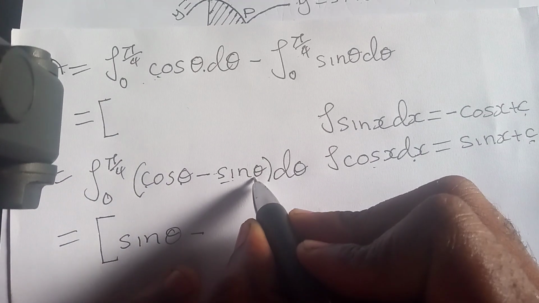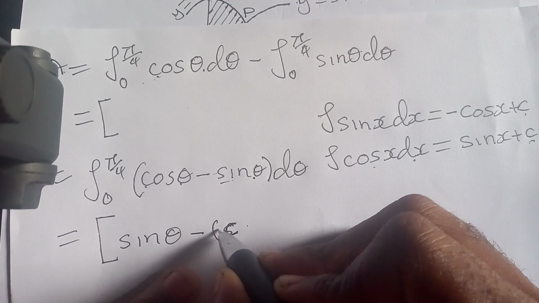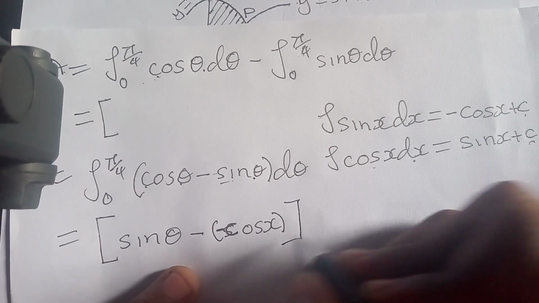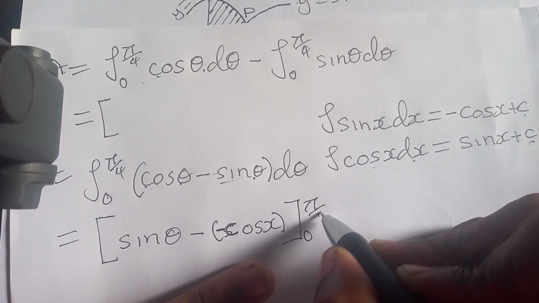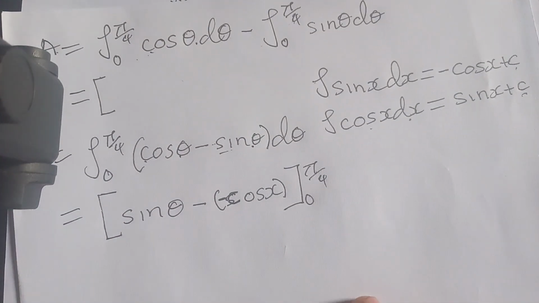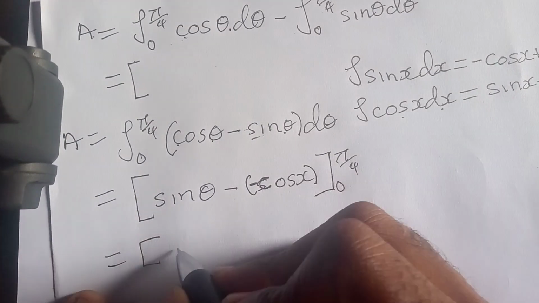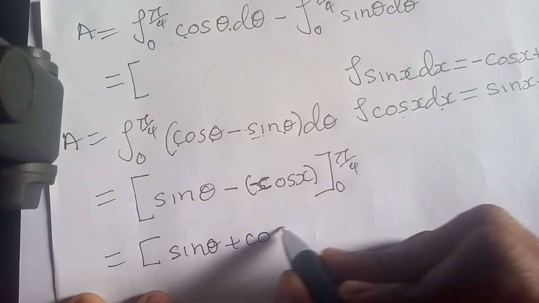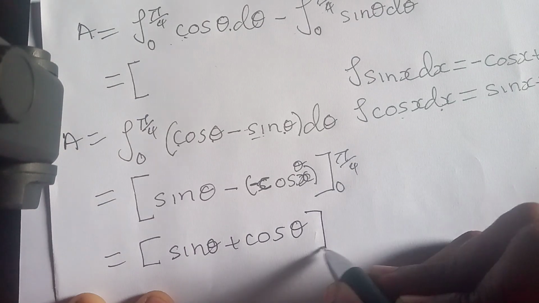Then the integral of sine is negative cos. And then you are integrating from 0 to pi over 4. So this is like sine theta plus cos theta, evaluated from 0 to pi over 4.